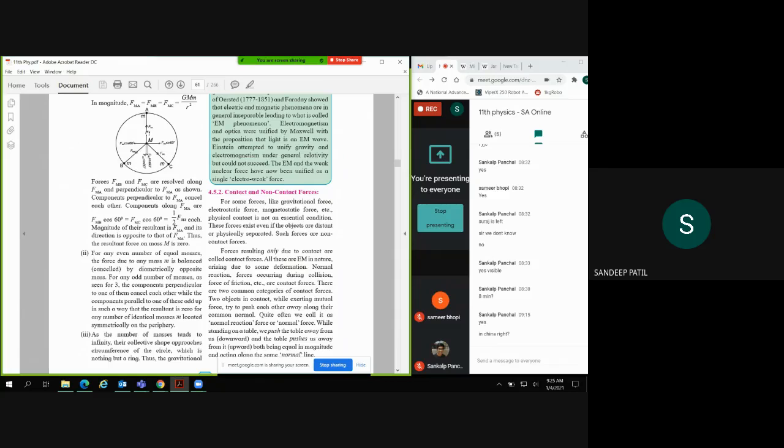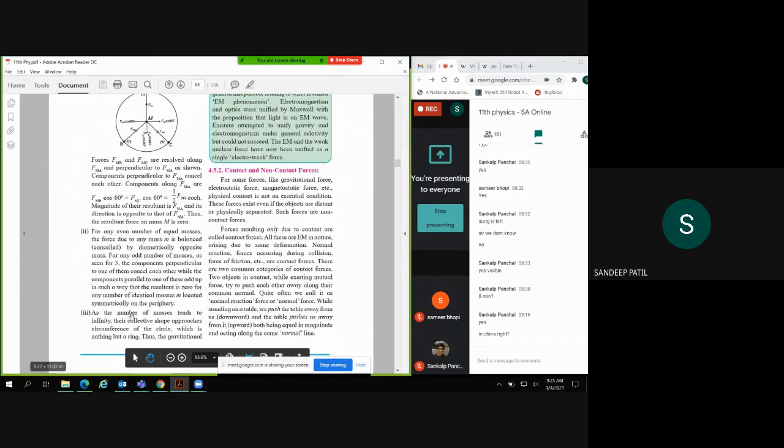So whether we take an even or odd number, it will cancel out and the resultant force on the M will be 0. Okay.